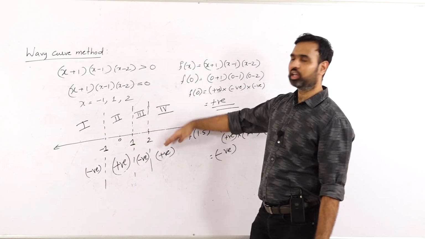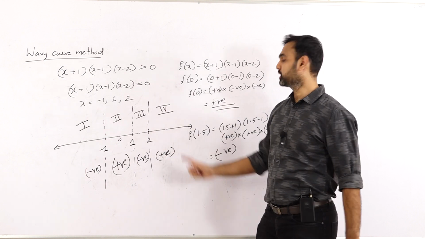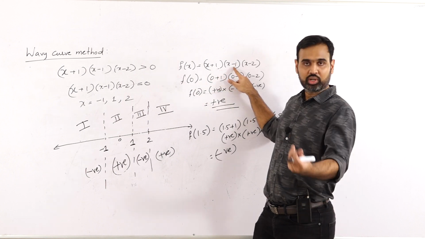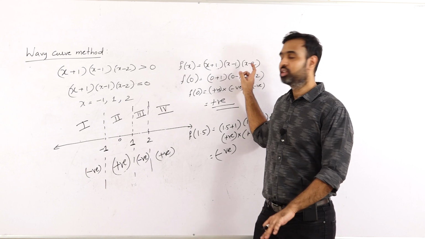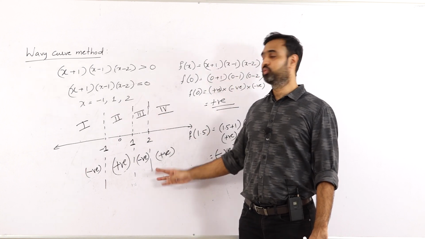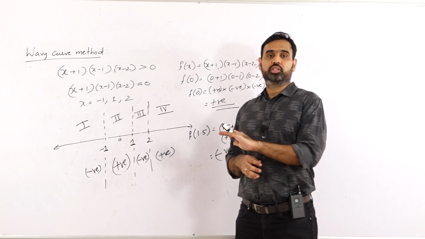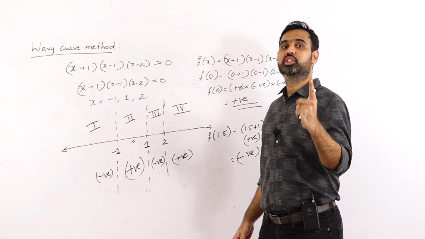The same way, you substitute any value from this region and verify, you are going to get a positive outcome. For example, I substitute 100. 100 plus 1 is positive, 100 minus 1 is positive, 100 minus 2 is positive, positive into positive into positive, so a positive outcome. So the fourth region is positive. But I am not verifying for each region. I am only verifying for a single region.